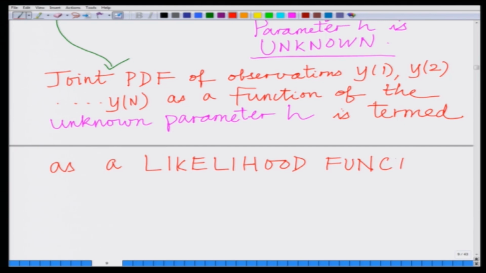This is the likelihood function, which is basically the joint probability density function of the observations y1, y2, yn, viewed as a function of this unknown parameter h. The argument is the unknown parameter h. In a certain sense, for each value of h, this represents the likelihood corresponding to the unknown parameter h.